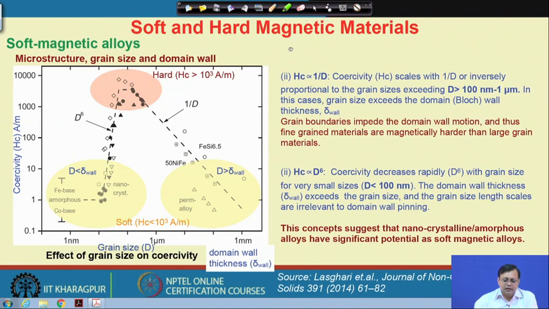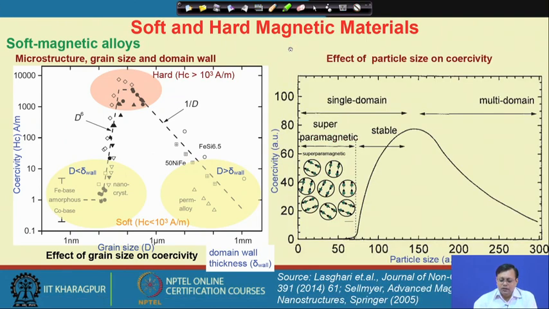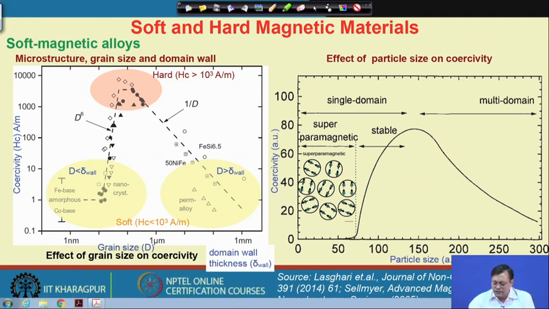Along this direction, we need to think about the effect of a multi-domain or a single domain in a grain. Let us say, on an arbitrary scale, I show you here particle size versus coercivity. I may have some optimized situation where, on this side, if I increase the grain diameter, then Hc decreases.